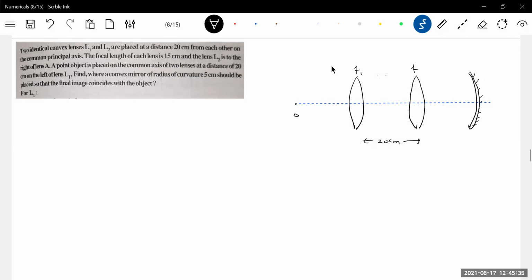The focal length of each is 15. Radius of curvature of 5 centimeter.